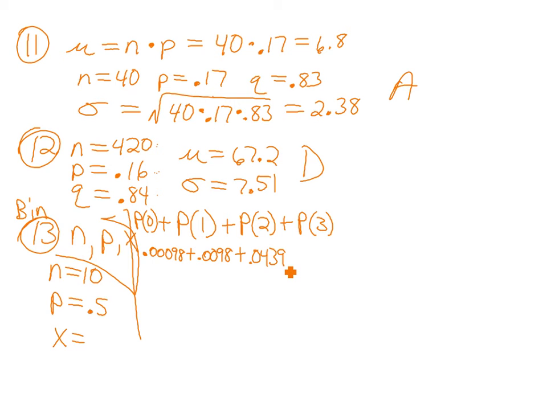And the probability of getting 3 boys out of 10 births is 0.1172. When I add them all up, I came up with 0.172, which is letter D.